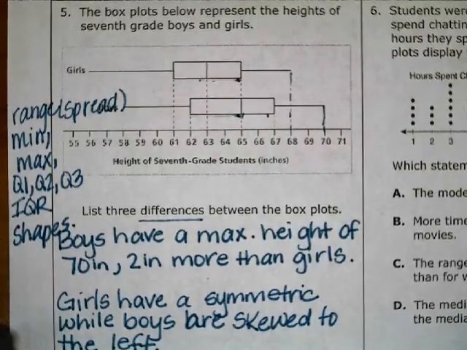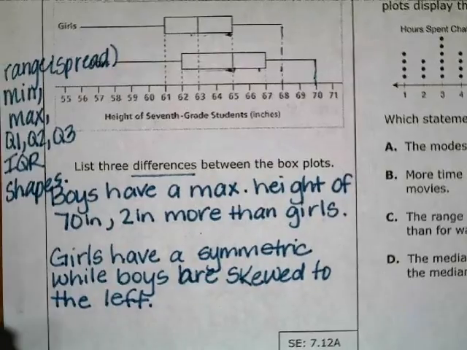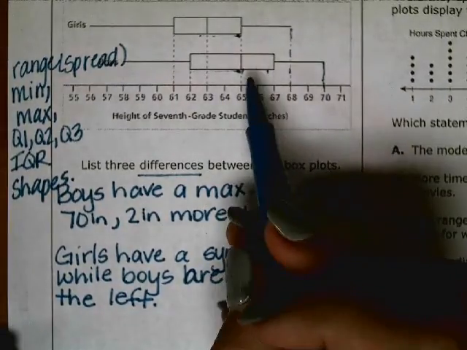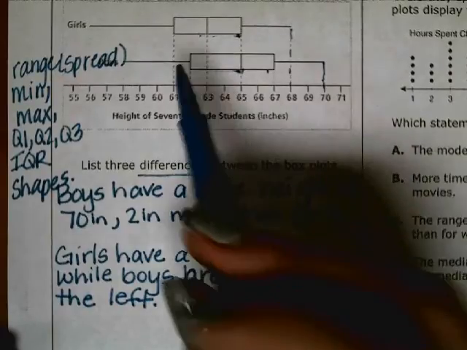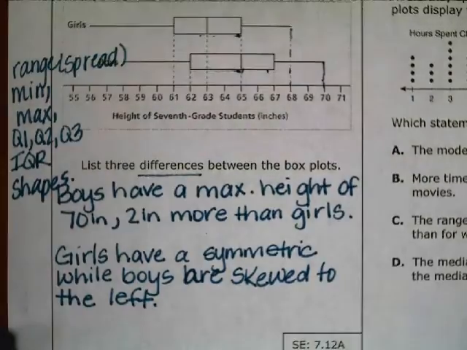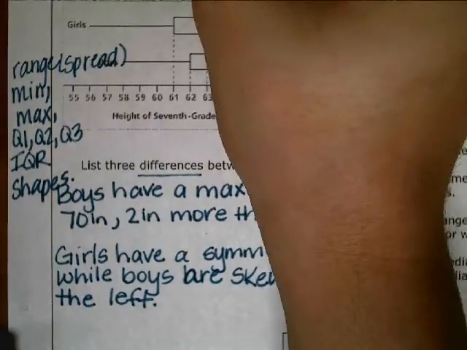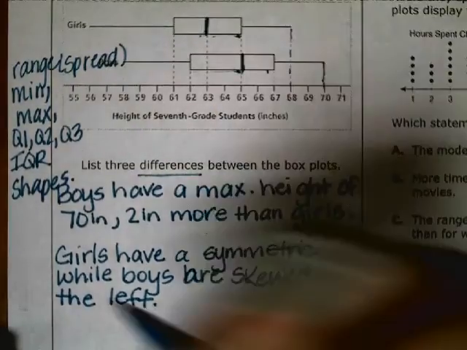And now you can look at maybe their medians. The boys have a larger median than the girls by 2 inches. Here's the median for the boys, median for the girls.